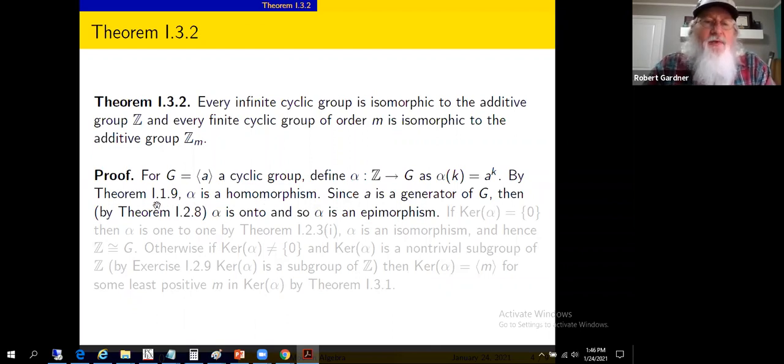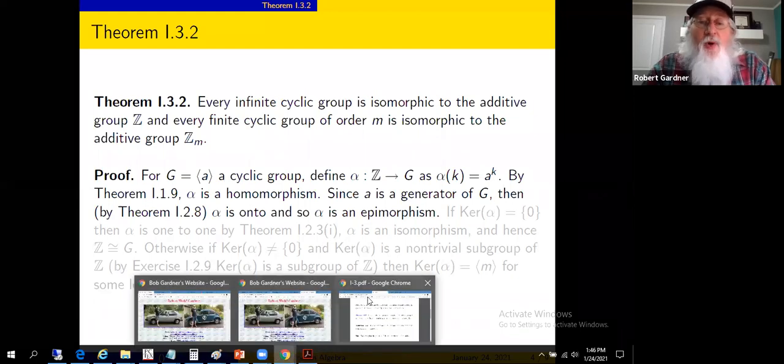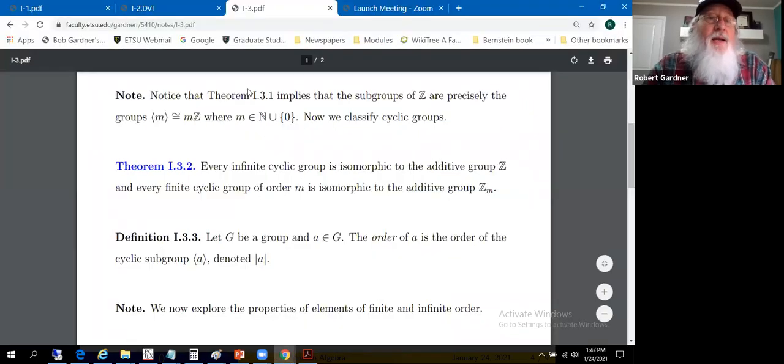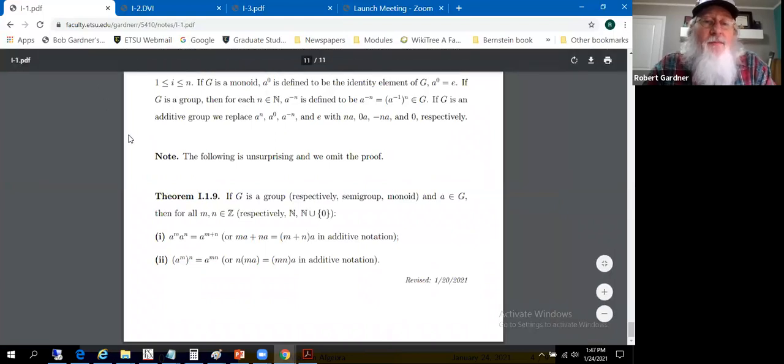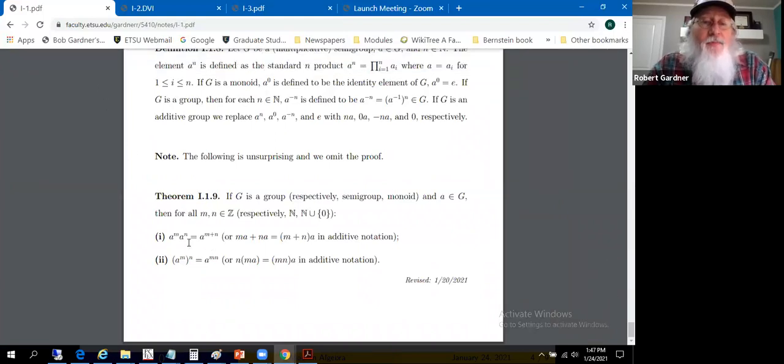Let's take a quick look at theorem 1.1.9. So what we'd be claiming is preservation of binary operations. That's what homomorphisms are, not necessarily one-to-one and onto. Theorem 1.1.9, it just happened to be sitting around here, it's probably this first one that matters.